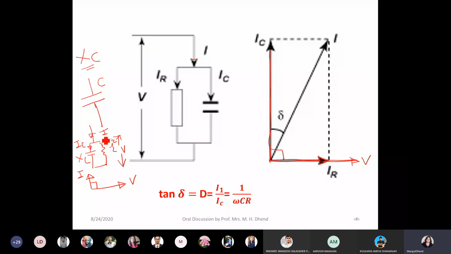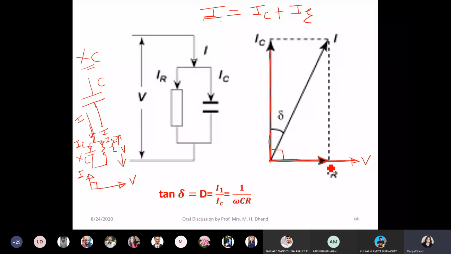And now what is the current through the capacitor? The current through the capacitor I is equal to IC plus IR. Where is my IC?